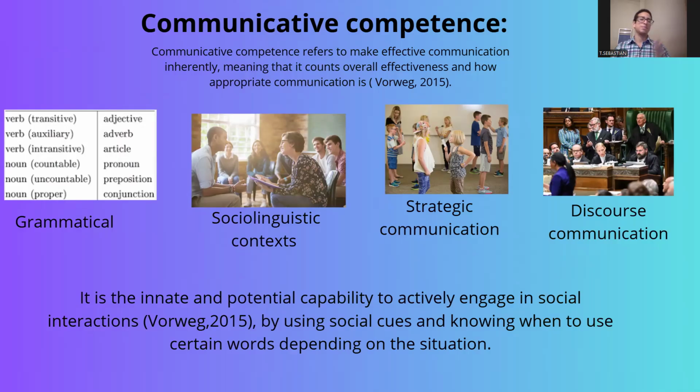Sociolinguistic context, like for example, being in a meeting with your boss or being with your friends, you know what phrases to use and how you should approach them. So this is the innate and potential capability, the same as linguistic competence, but instead of language, it focuses on our inference of communicating.